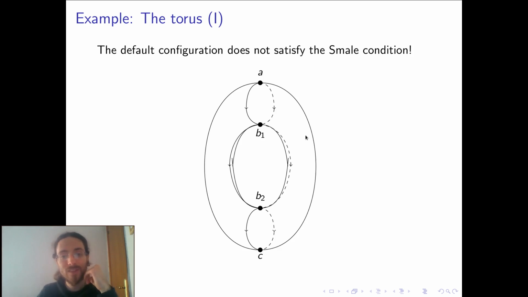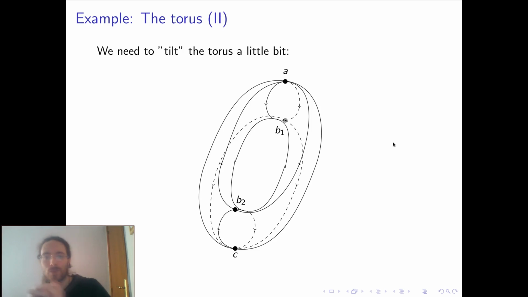The reason is that the unstable manifold of B1 and the stable manifold of B2 do not intersect transversally, actually, because the intersection should have dimension 0, but the intersection has dimension 1 in this case. So here we cannot construct Morse homology directly. We need to do a small deformation, and I'm proposing you this one.